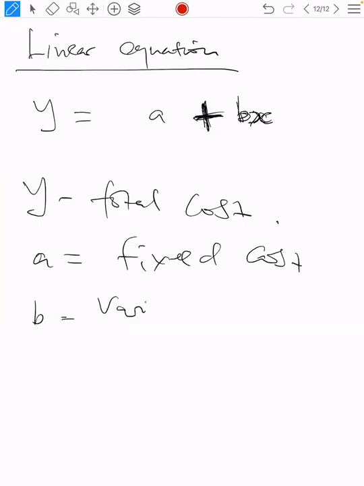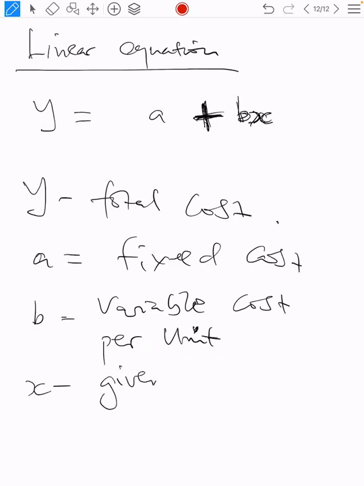B is the variable cost per unit, that you would have calculated in step number 1, using your high-low method. And then what is our x now? Our x is the given level of output. So no one is lost there, right?